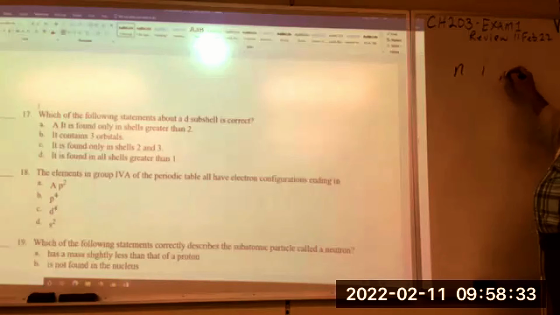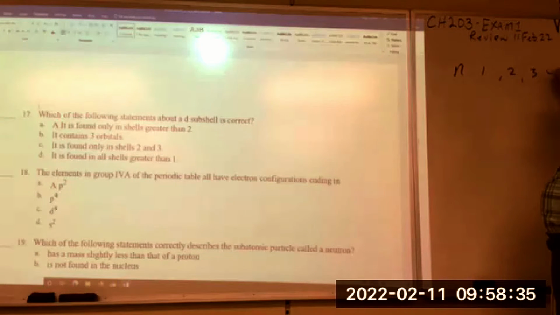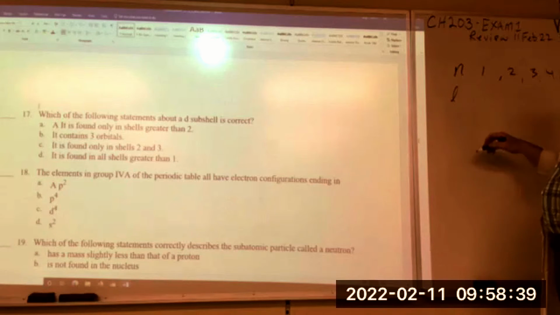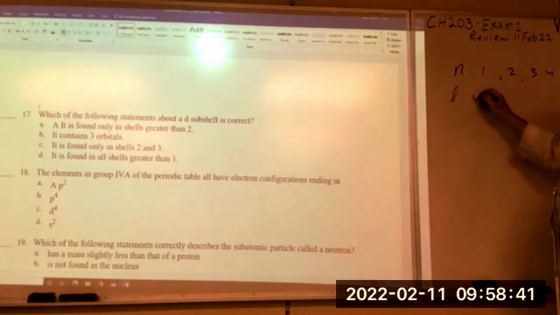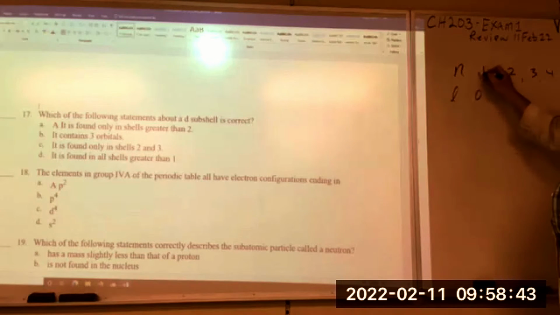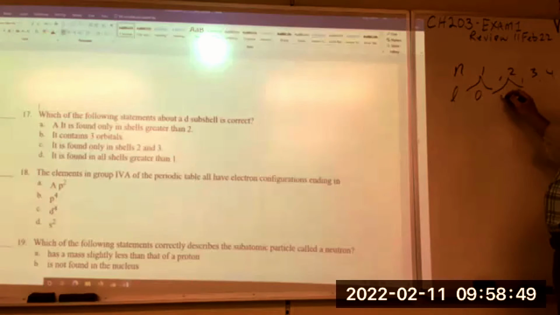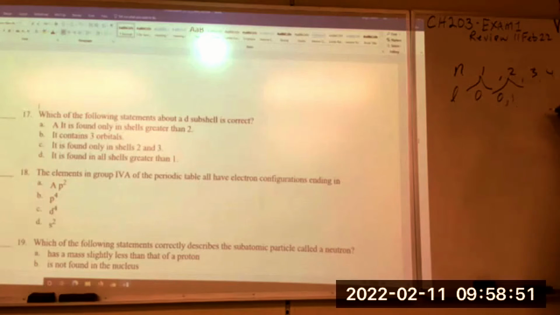You could have 1, 2, 3 on up. Subshells would be l's. So this one could be just 0, this one could be 0 or 1, this one could be 0, 1, 2. There you go. So that's right. Shells greater than 2, so it has to be 3, 4, and up.